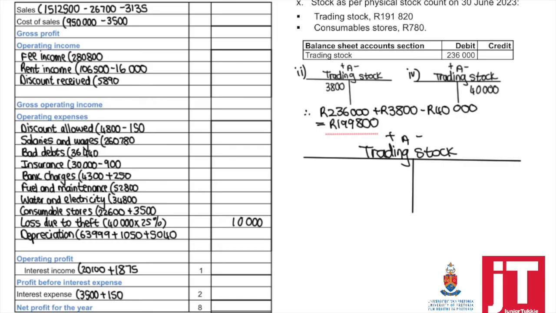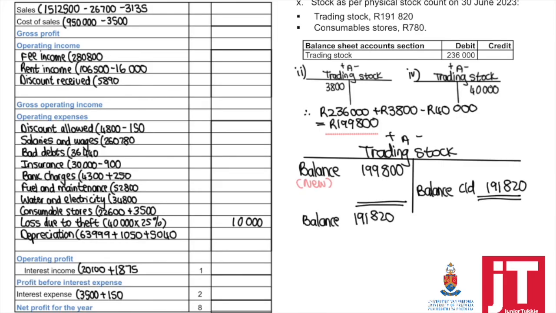Our new balance, which is 199,800, must be compared to that which we physically counted, and the difference is the trading stock deficit. Show all your calculations in brackets. If you've done a T account, which will show all the figures you've added and subtracted, that is 100% fine. Trading stock deficit forms part of your operating expenses.